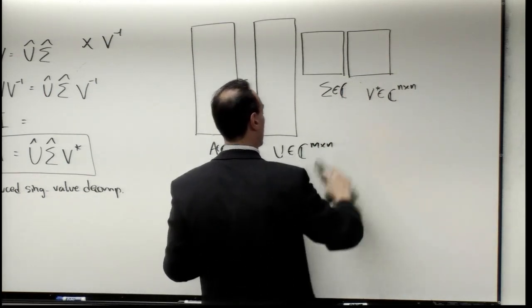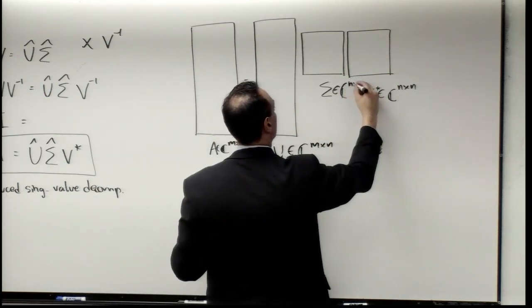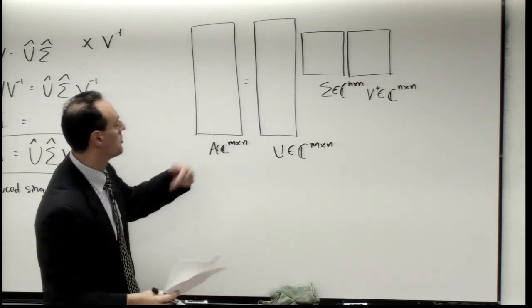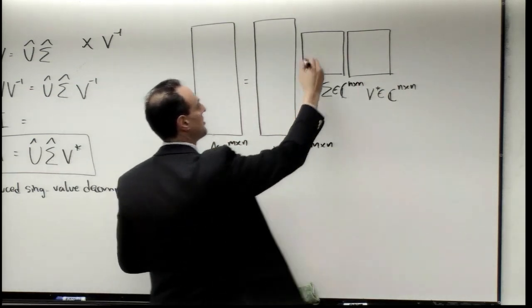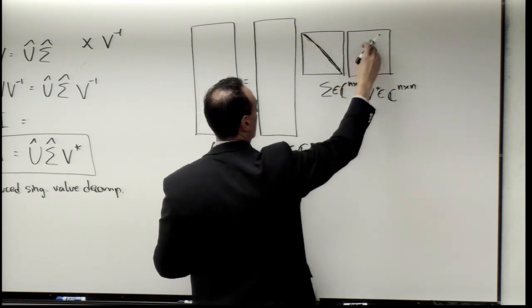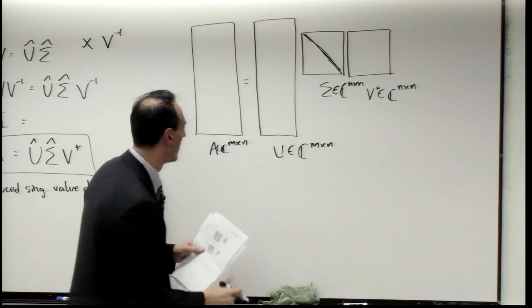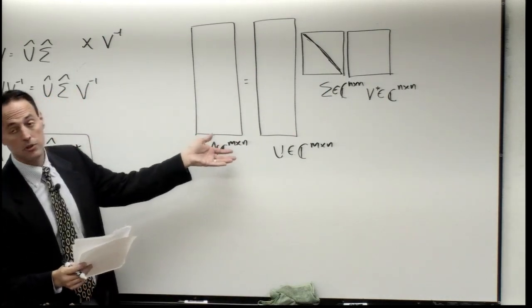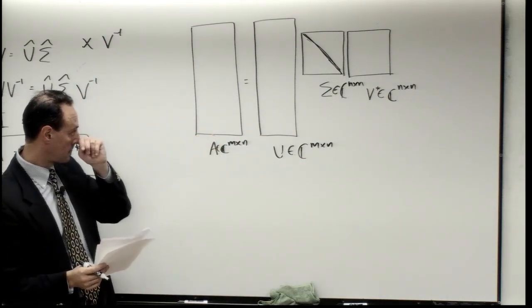Actually, excuse me, that's n by n as well. Okay, this is in the reduced form. And remember, this thing is diagonal, so it only has entries along this diagonal, but this can be full, and this is matrix A. So this is what's called the reduced SVD.